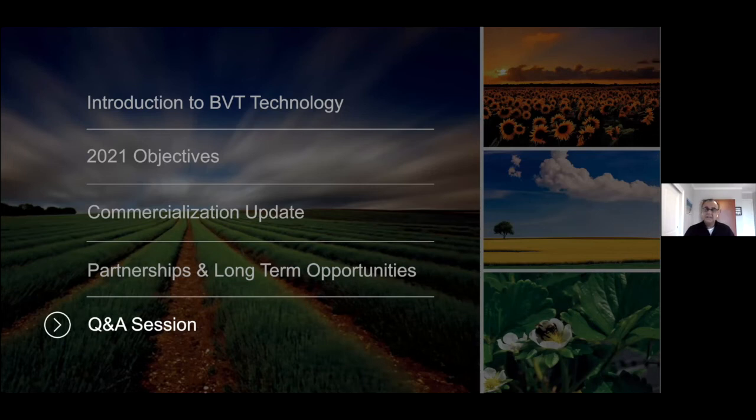And in some cases, I should point out that 2 of these discussions are for Europe, where these 2 products are already registered in Europe, where we may have to do a little bit of work to get the bee use label, but the active ingredient itself is already registered. So in that scenario, we're talking about an accelerated entry to market. So those 2 European projects are very interesting also.